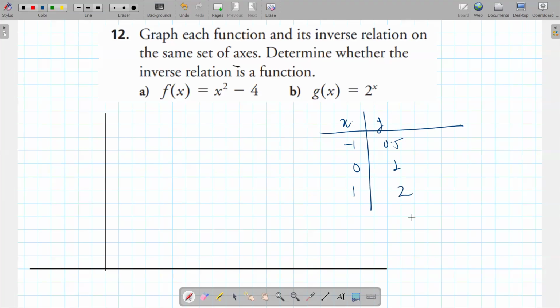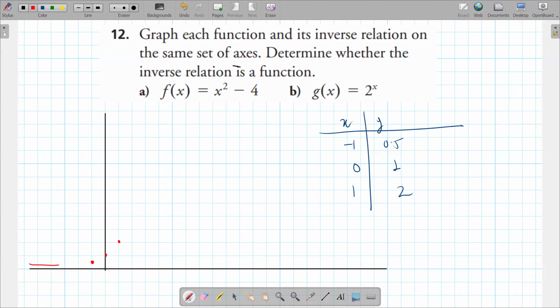You agree with this? I just plugged in x and y. So let's graph that. So -1 and 0.5, 0 and 1, 1 and 2.